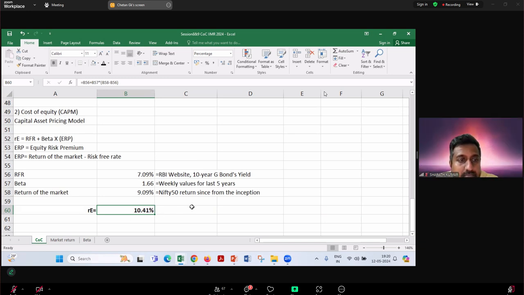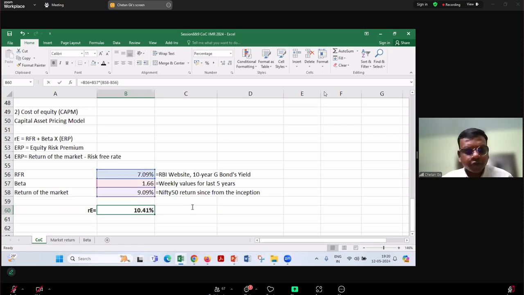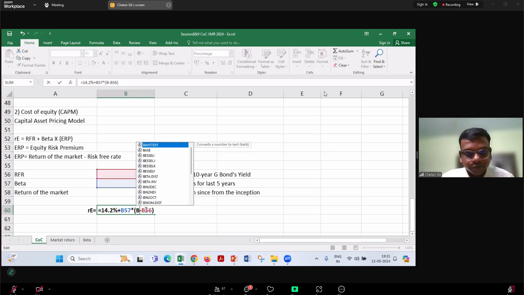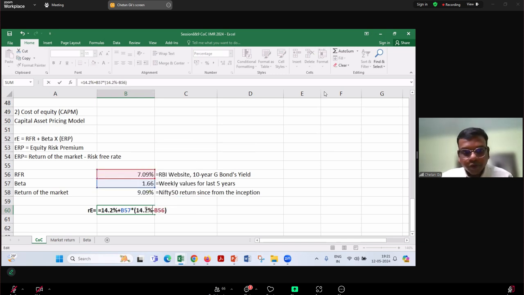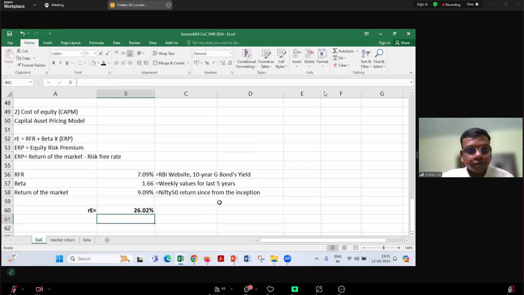Okay, so then you can take that as a proxy if everybody is okay with that. So now, anyways, you know how to compute this, right? So I'll put 14.2%. So return on equity is 26.02%.